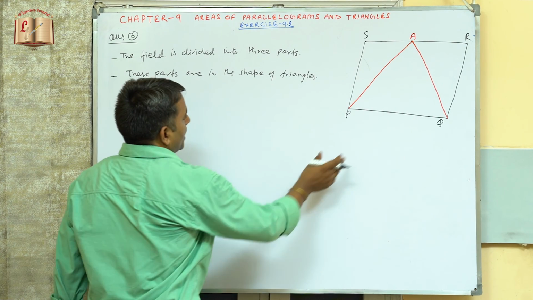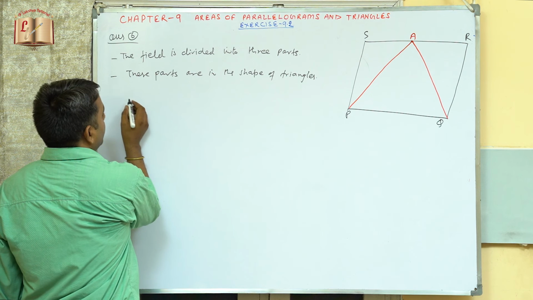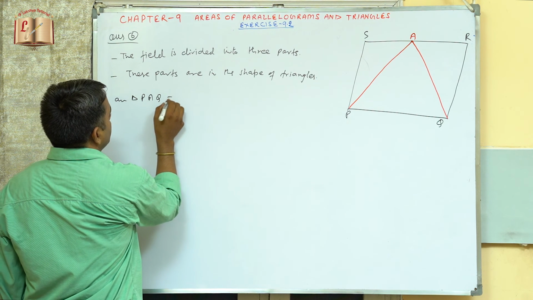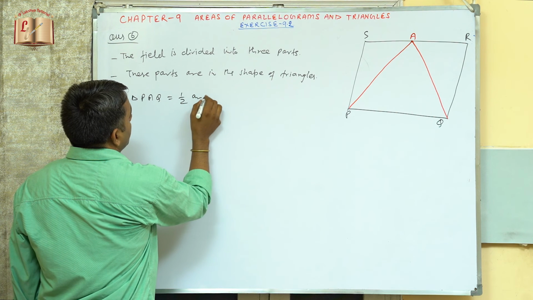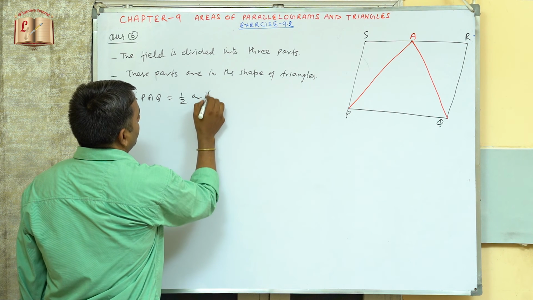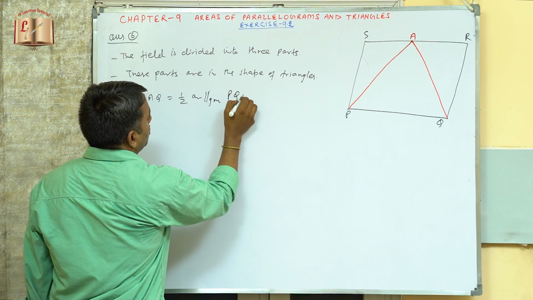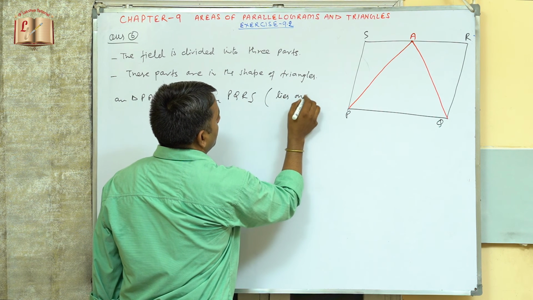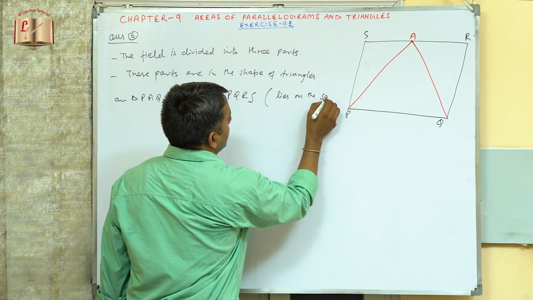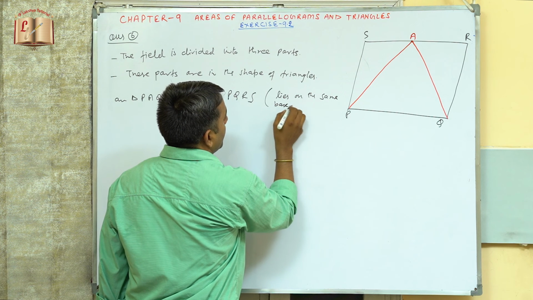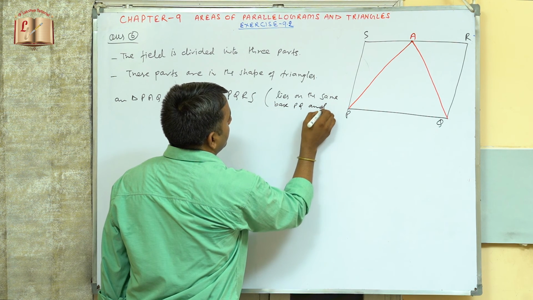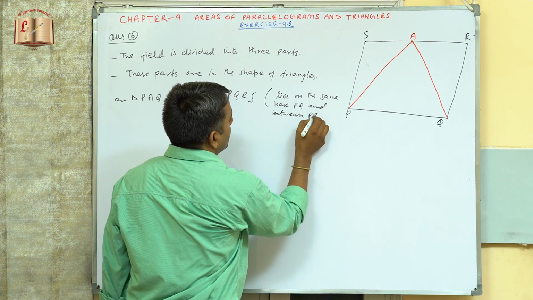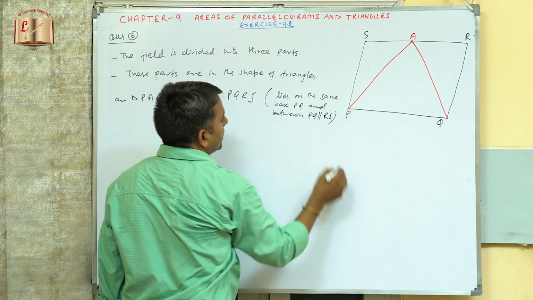Now see that this is a parallelogram. So now we can write that area of triangle PAQ is equal to half of area of parallelogram PQRS, because they lie on the same base PQ and between PQ parallel to RS.